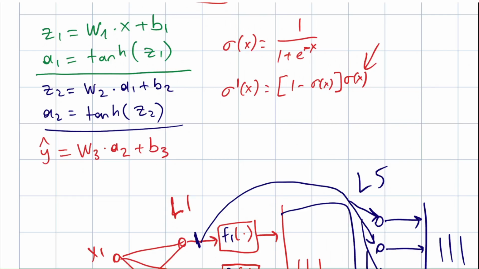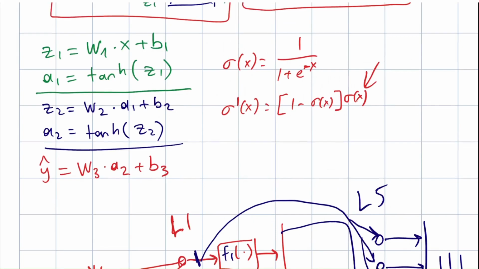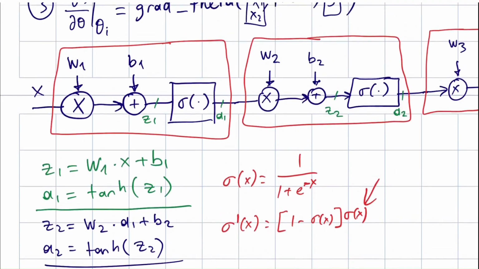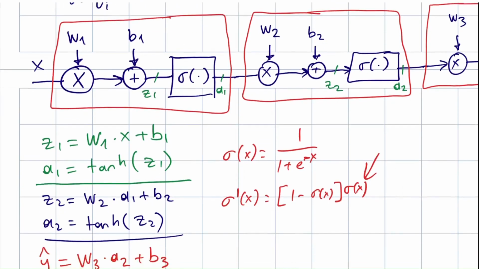So where are we? We are here. This is our first layer. Here this is Z1, and this is A1. You use the sigmoid function as an activation, and tanh of Z1 equals A1.